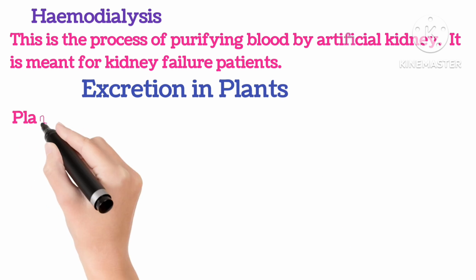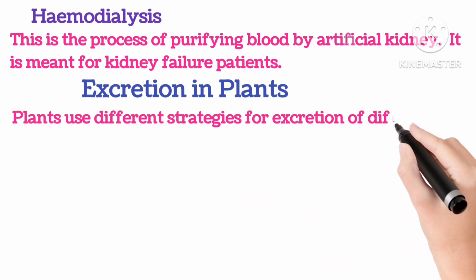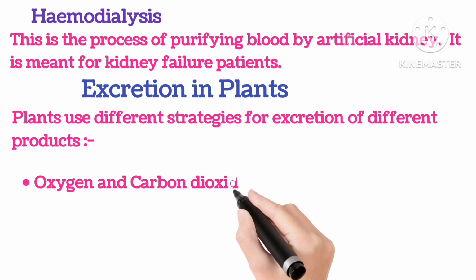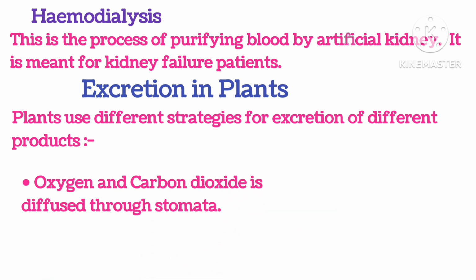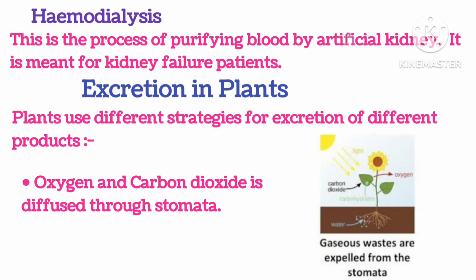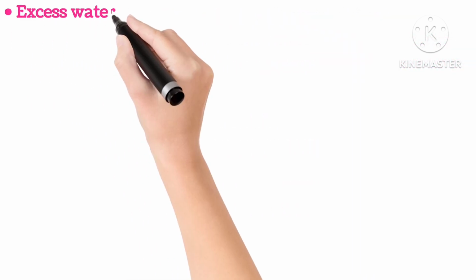Excretion in plants. Plants use different strategies for excretion of different products. Oxygen and carbon dioxide are diffused through stomata. Excess water is removed by transpiration.